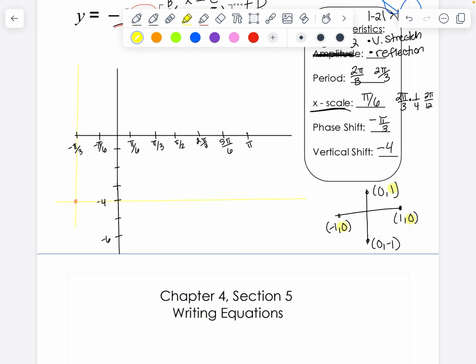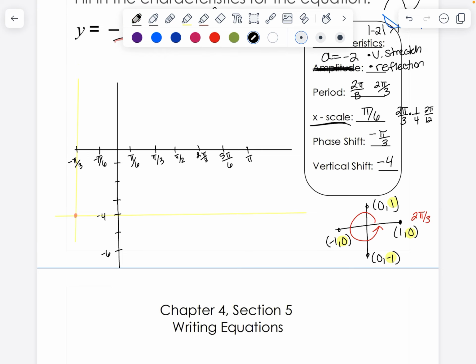And then my y coordinates, starting at the positive x-axis and going this way. Typically we end at 2 pi. This time we're ending at 2 pi over 3, but it's been shifted, so kind of all over the place. But if we want to just see our pattern for our y values, it's going to be starting at 0, then 1, then 0, -1, 0.